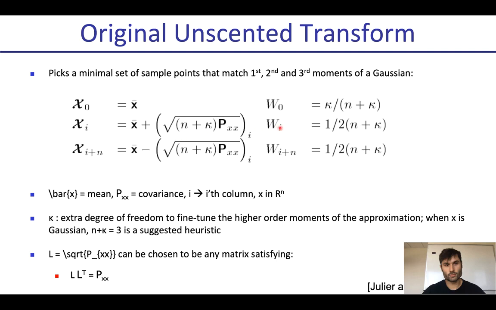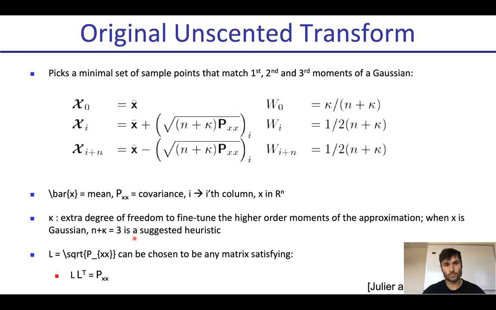We see that this is the ith column. So essentially it just uses the axes of the covariance and scales them by the square root of n plus k.